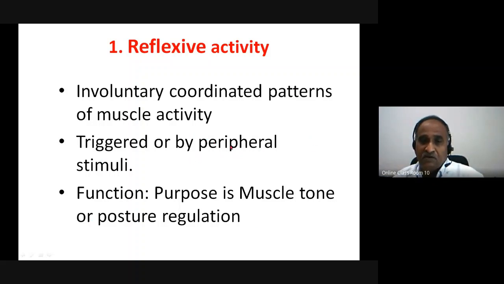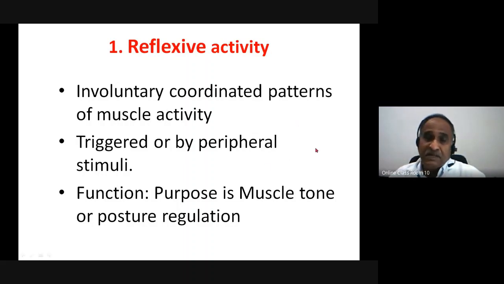That is always a peripheral stimulus. In case of the muscle tone, it is the muscle length. And in case of the posture regulation, it is the overall proprioception from the periphery as well as the proprioception from the semicircular canals and otolith organs. This is the reflexive activity.